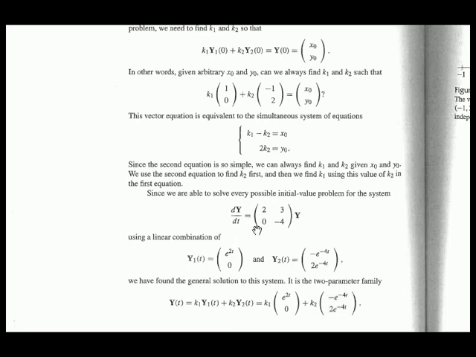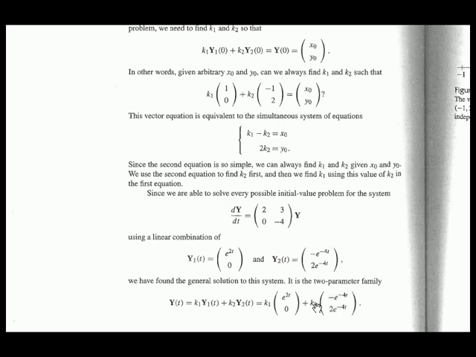Okay, here's an example that's worked out in the text. Here's a 2x2 linear homogeneous constant coefficient system. They give you two solutions that they just use magic to find. You can check to see that that's a solution and that's a solution just by plugging in x equals e to the 2t, y equals 0. And therefore, any linear combination of those two is a solution.